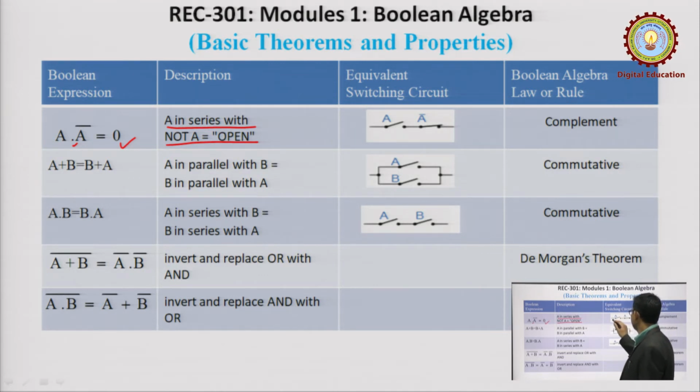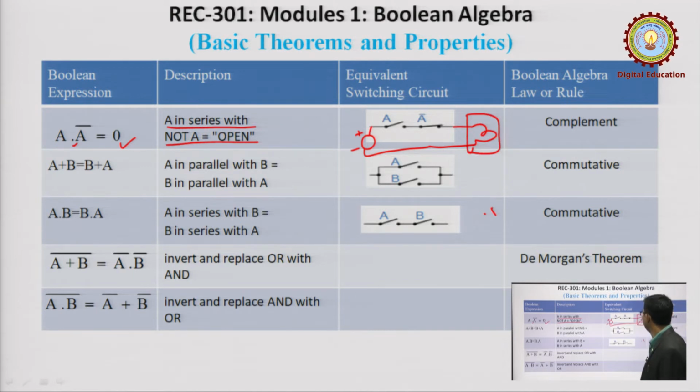Here we can see two switches, a and a bar, connected in series. Similar to the previous example, this is plus and minus, and one appliance is connected here. If a is equal to 0, then 0 represents the off state.